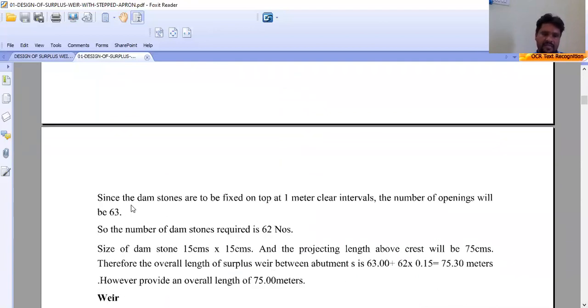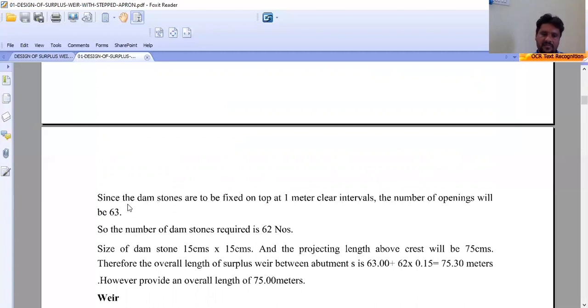But the dam stones are fixed at the top at 1 meter clear interval. For every 1 meter, dam stones have been fixed. So what will happen? The clear length is 63 only, but since we are fixing a dam stone every meter, the length may be increased now.